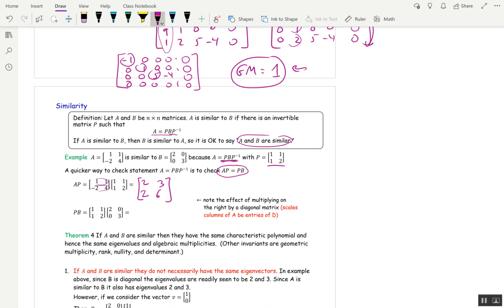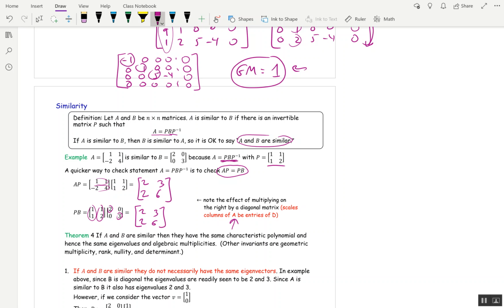All right, now let's do PB. I'm going to use this as a tip here. When you multiply by a diagonal matrix, it scales the columns of the first matrix. So this first column gets scaled by 2, 2, 2, and the second column gets scaled by 3, 3, 6. So that's a quick trick.